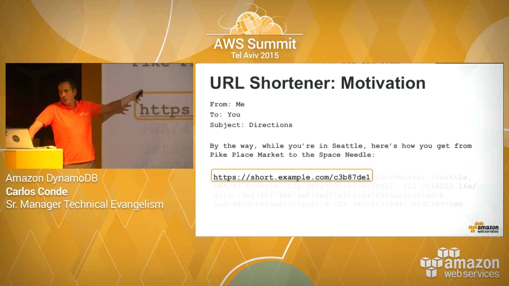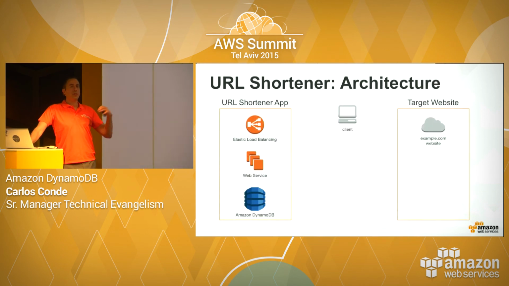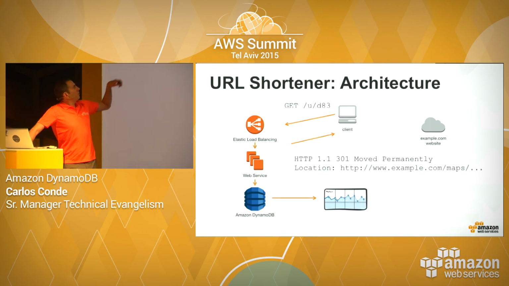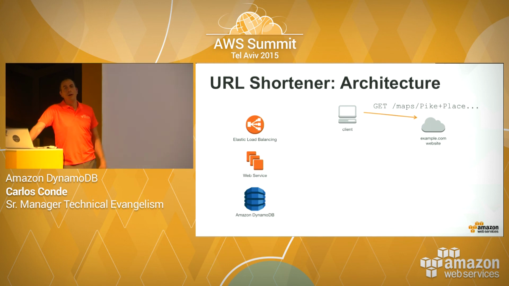So you have a shortened link with an ID, and from an architecture perspective, when the client sends you an HTTP GET request with the shortened link, the application goes to DynamoDB to see what is the complete long link, and is going to redirect the client to this value.